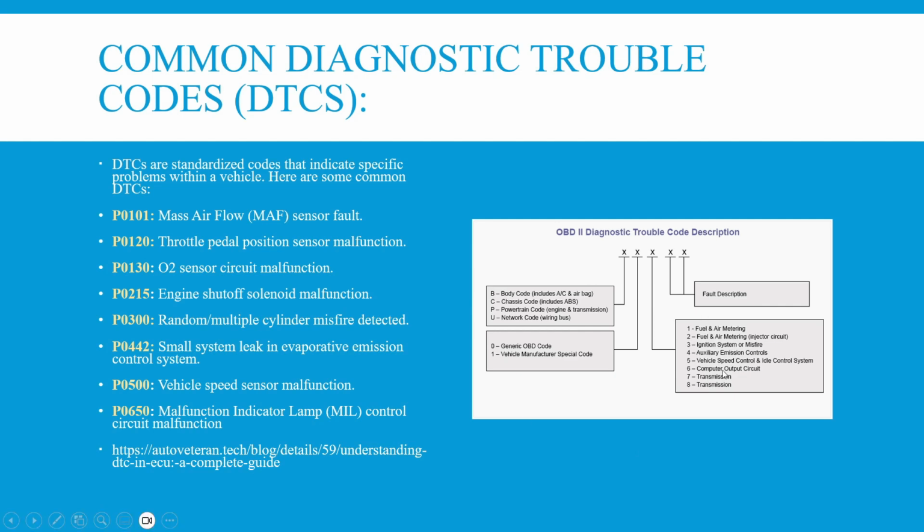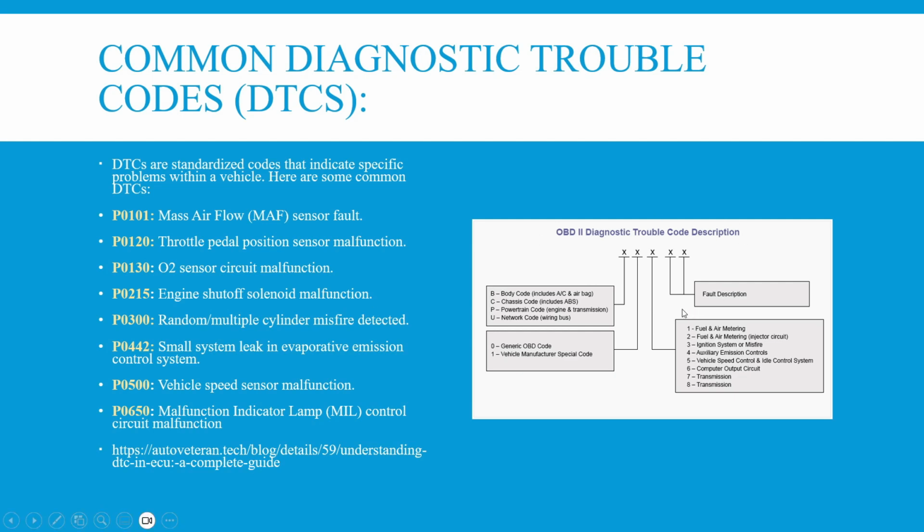Numbers 7 and 8 are transmission subsystem faults. So these three digits indicate in which subsystem the fault is detected and whether the code generated is generic or vehicle manufacturer specific. And the last two digits give the actual fault detected.